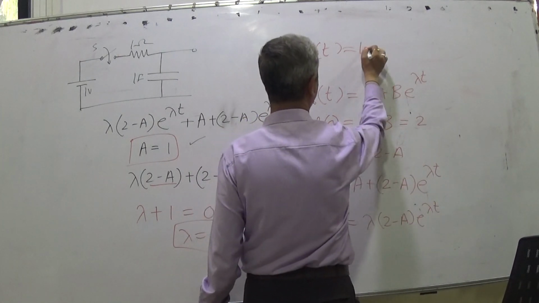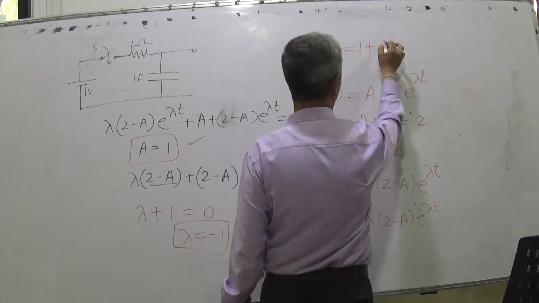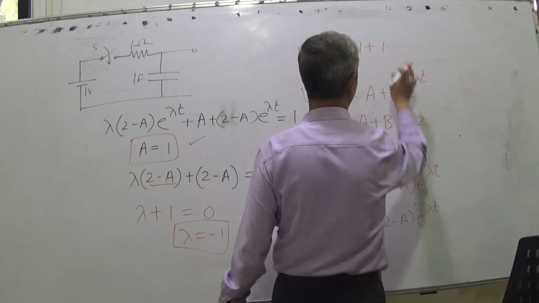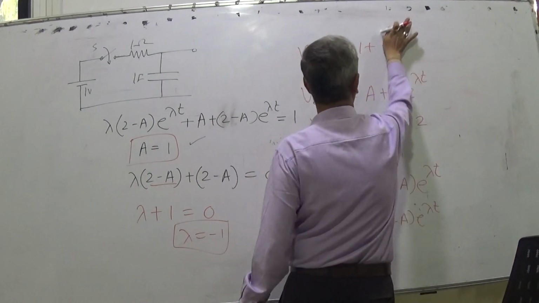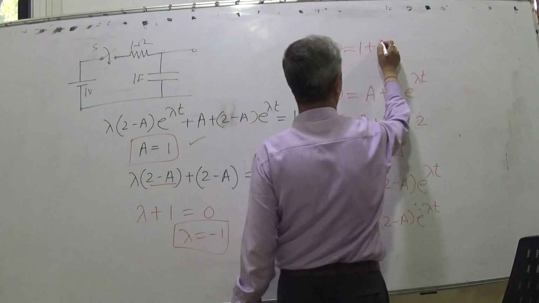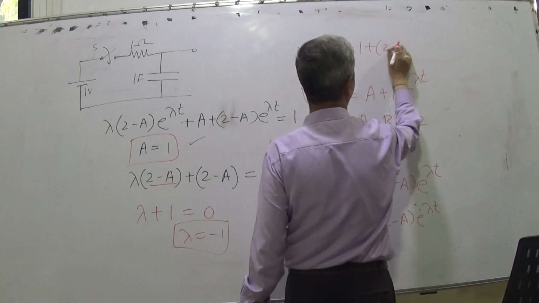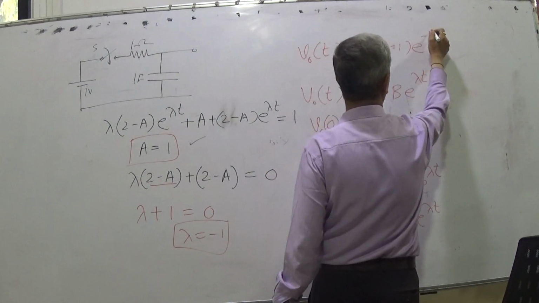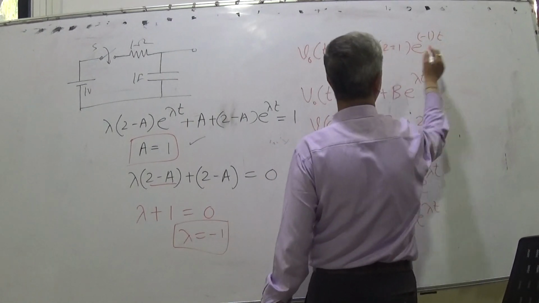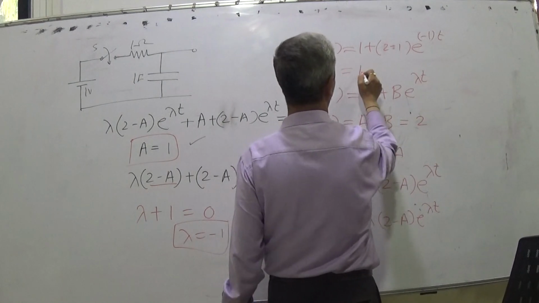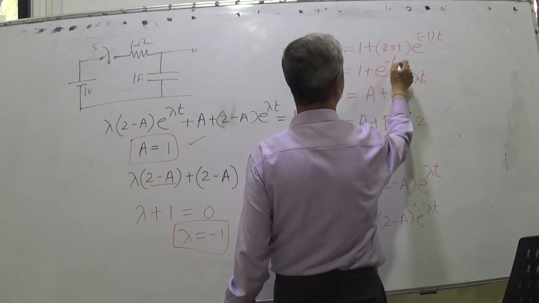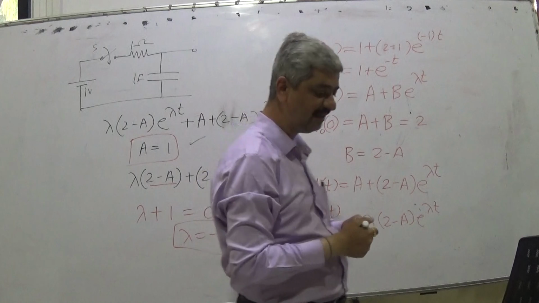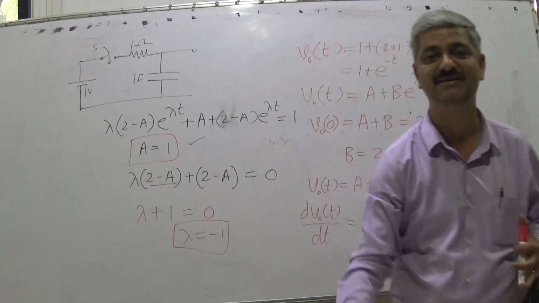So A is 1, 2 minus A is 1, and e raised to lambda is minus 1. So I write 1 plus 1 e raised to minus 1 into t. So this is 1 plus e raised to minus t.